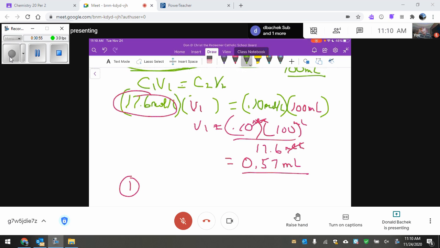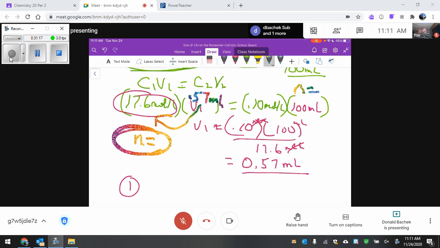If I took 0.57 milliliters of this, remember, that gives me N. Obviously, it's not in liters, I get that, but that gives me N. So if I took that amount, N, and used it here with the V, I get the C.